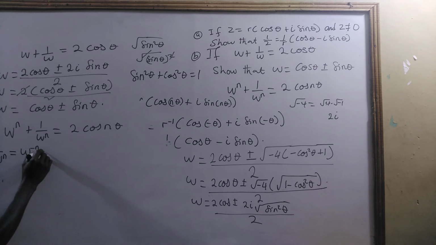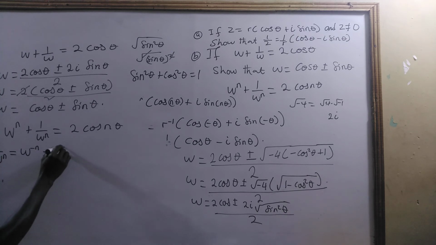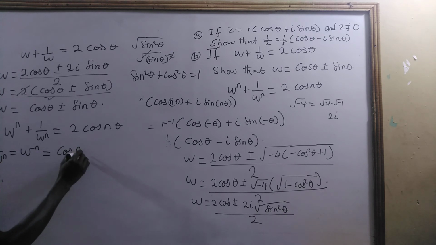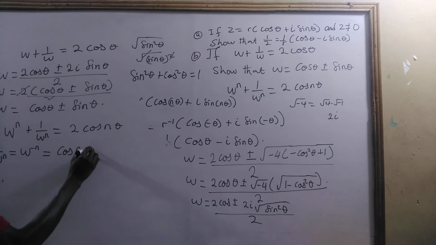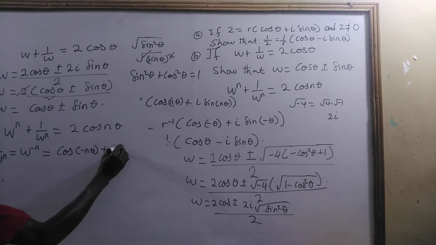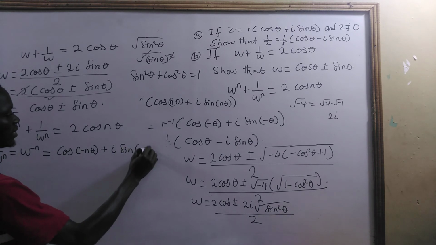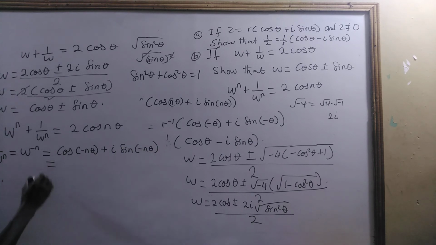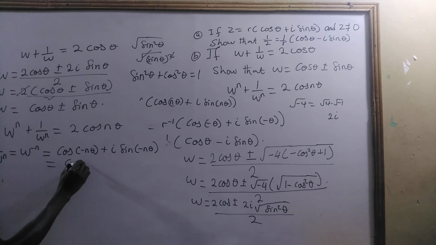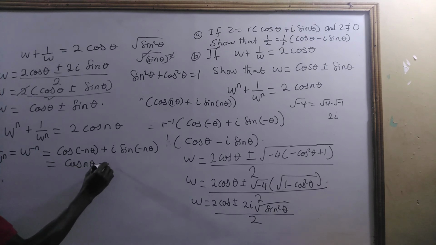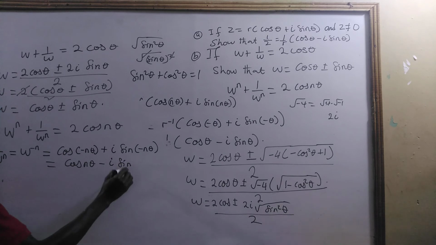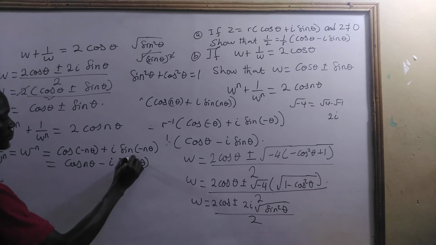Yes. And that will give us cosine of negative n theta plus i sine of negative n theta. And that will give us cosine of positive n theta minus i sine of n theta.